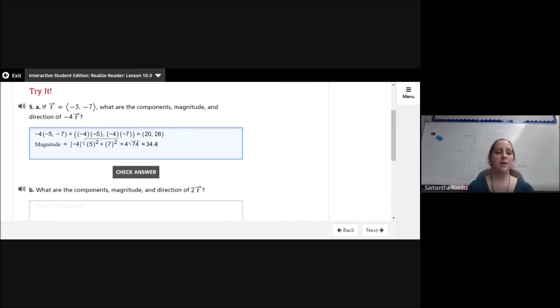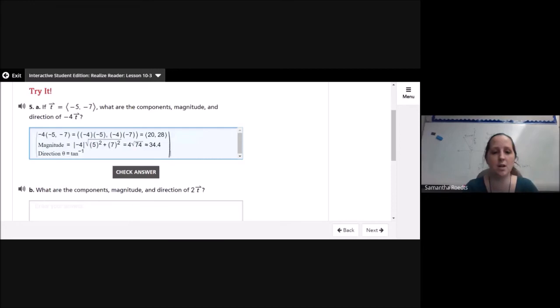Again, you can do the same instead of putting that -4 out in front: you can just do the square root of 20 squared plus the square root of 28 squared. You'll get 34.4.